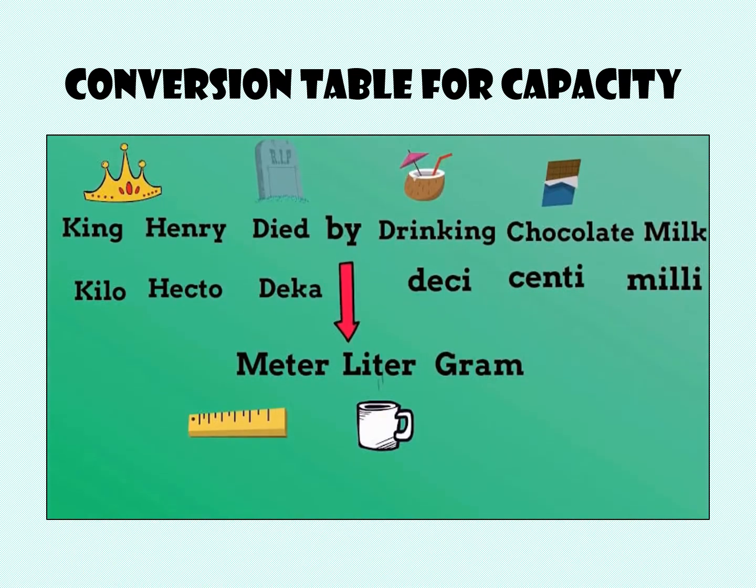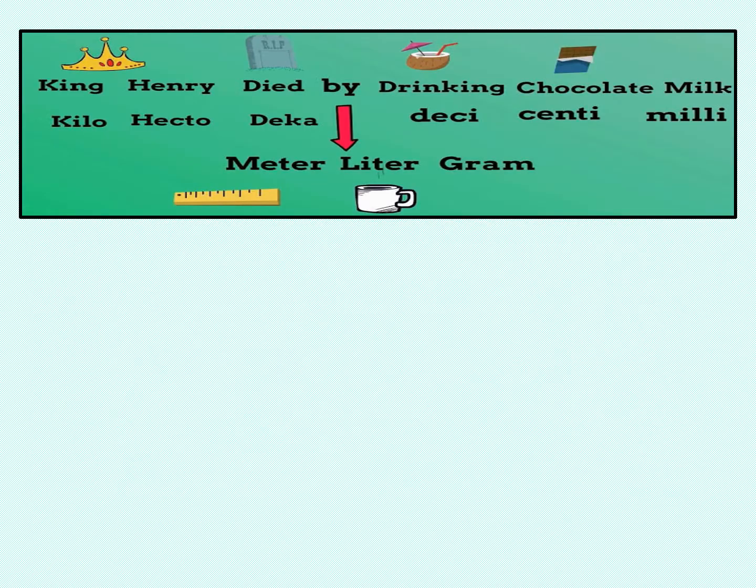Then, after that, we have here the chart that shows how to convert one unit of measure of capacity to another. So, gagamitin ulit natin dito yung ating King Henry died by drinking chocolate milk.